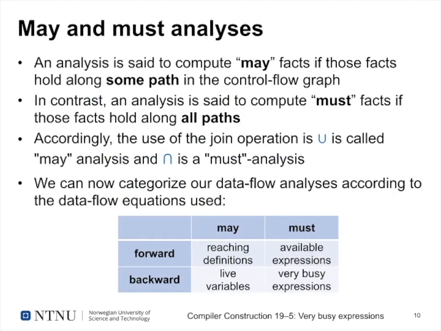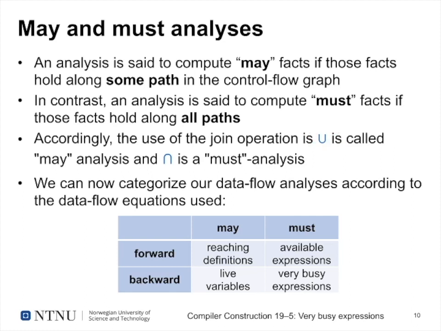Now, we've also seen that we have some analyses where we are computing facts that may take place, so an analysis that has facts that hold along some path in the control flow graph. And we have other analyses that compute must facts, so facts that have to hold along all the paths. Of course, we have an equivalence in our data flow equations here.